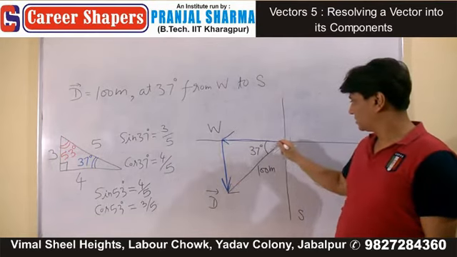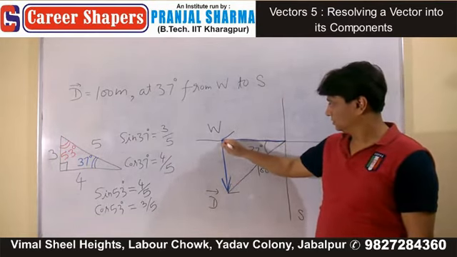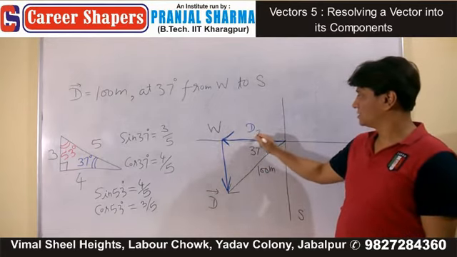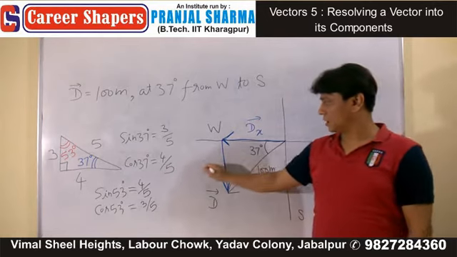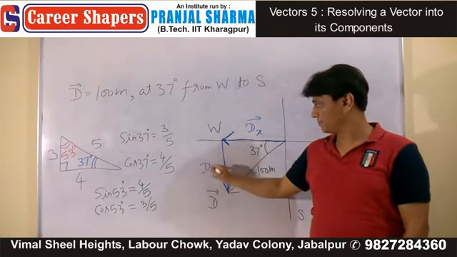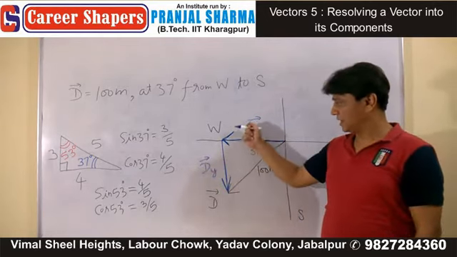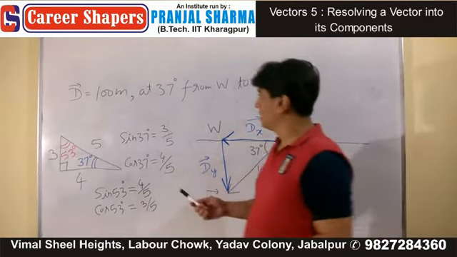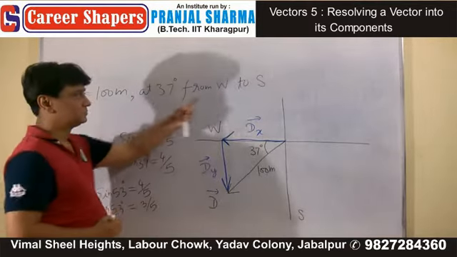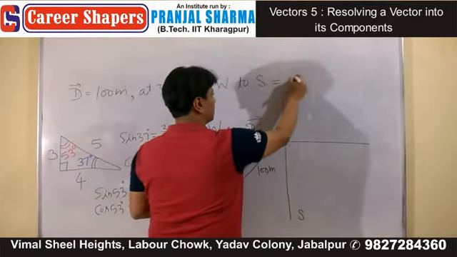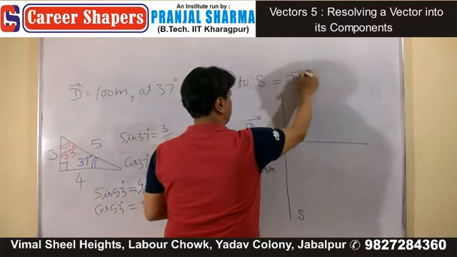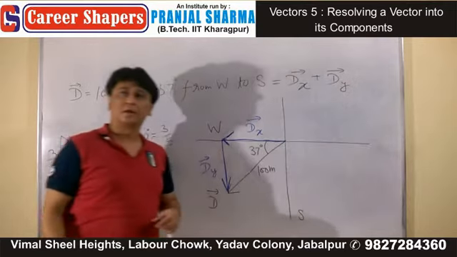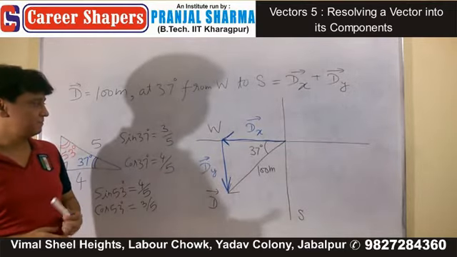We'll call it dx. We'll call it dy. Dx, dy. And this black one is your d. So your d is nothing but dx plus dy.